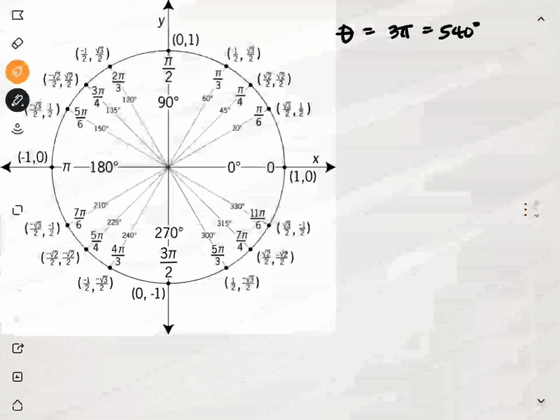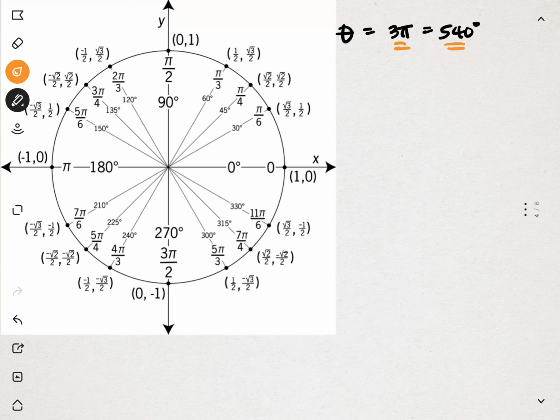Okay, one last one, and this one's a little bit weird, but we're going to cover it more next class. What happens if we have a number that's bigger than the unit circle? I have 0, pi, and if we come all the way back here, that's back to 2 pi radians. So this is the way we're going to think about it.